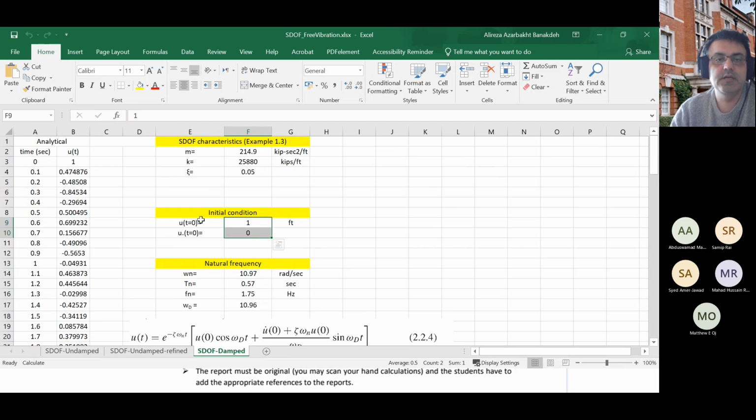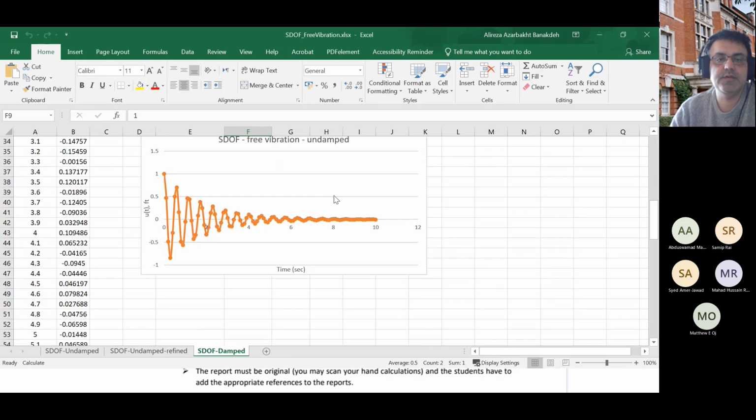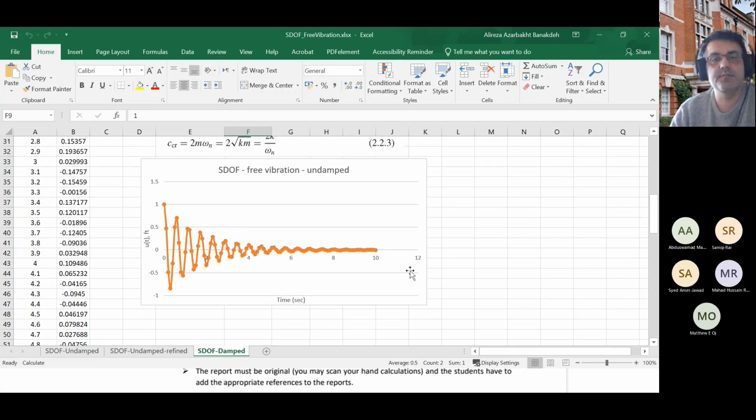And these two are the initial conditions you want. And with this, you can have your response versus time, single degree of freedom vibration, undamped or damped over time. This is the response, the deflection, the deformation of a single degree of freedom system over time.